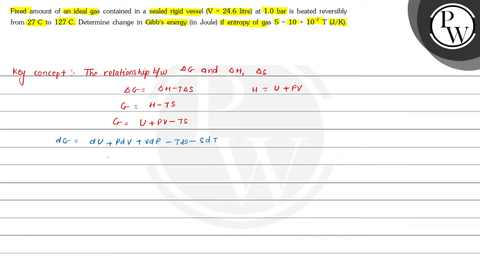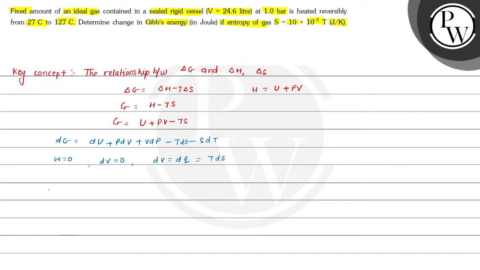Now here we can write W is equal to 0, so the value of P dV becomes 0, and also dU is equal to dQ, that is also equal to T dS.